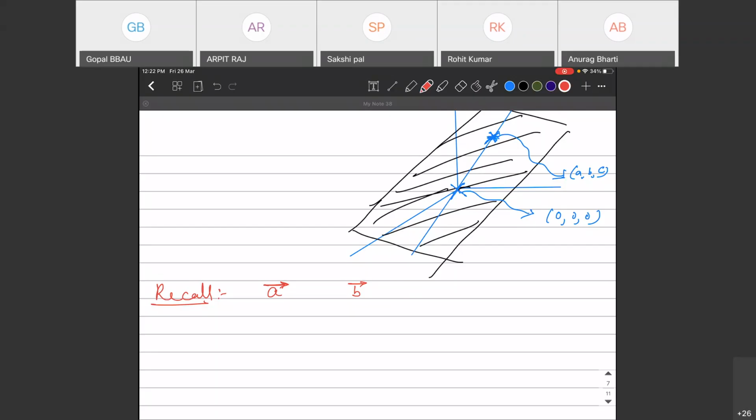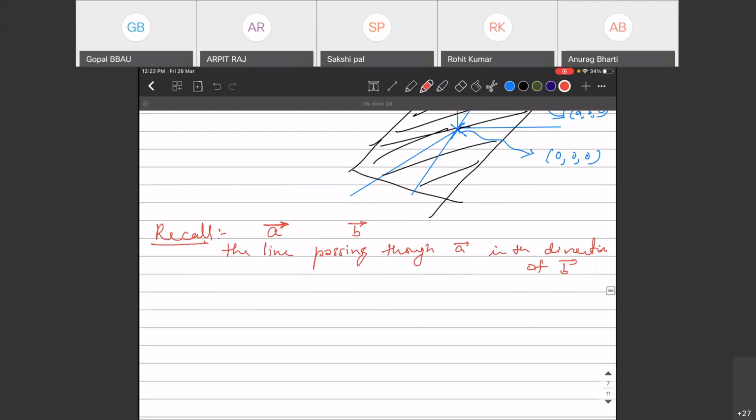Suppose we have two vectors in R3, A and B. So I'm asking you, how do we write a line passing through A and in the direction of B?